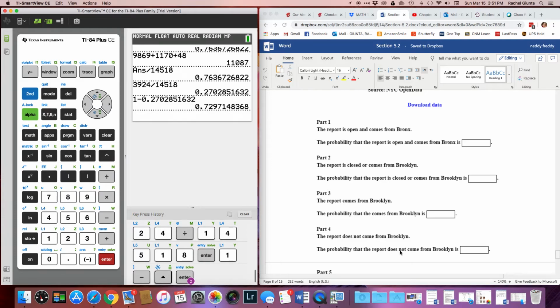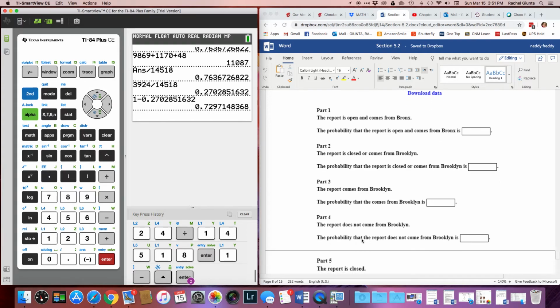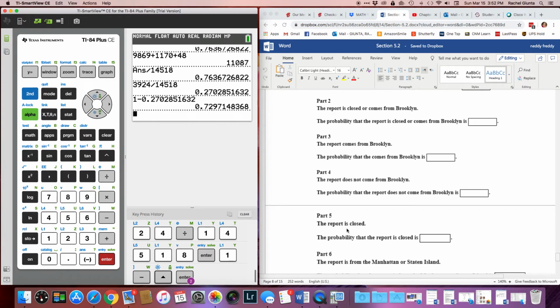Because all of the reports either come from Brooklyn or don't come from Brooklyn. So in that situation, when it's got the "not" and it's from something that we've already calculated, then we can take 1 minus, which is also called the complement.